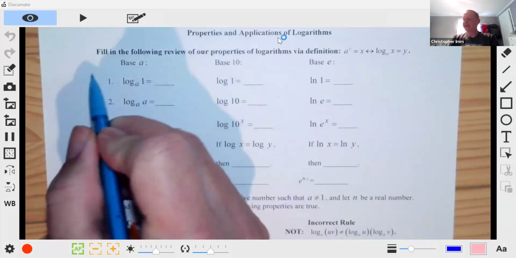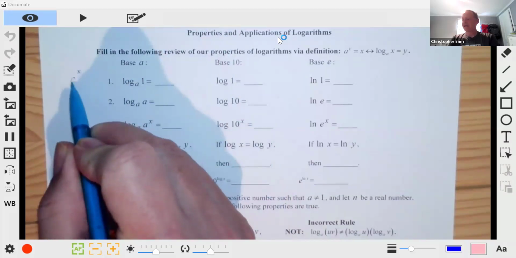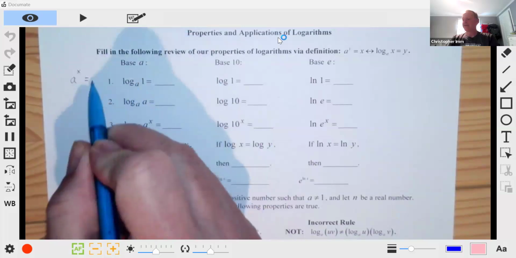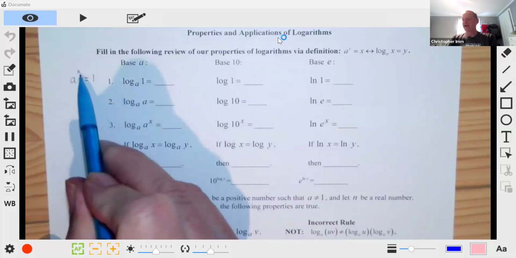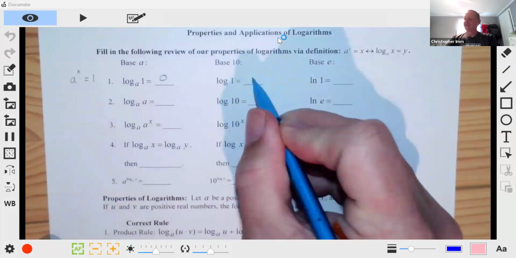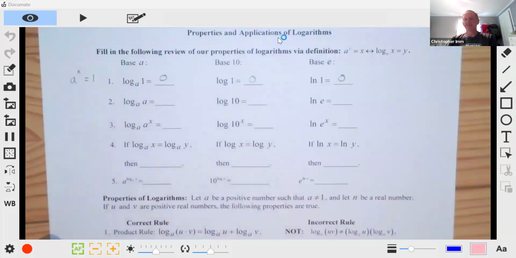So the blank would be x, that's going to be the exponent. And then a is going to be our base, and that's equal to 1. So any base to what power is equal to 1? Well, it's 0. So log of any base of 1 is 0.